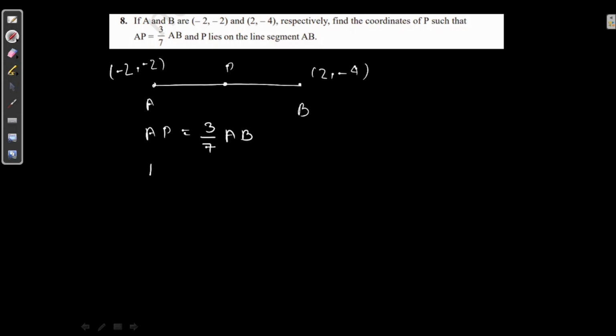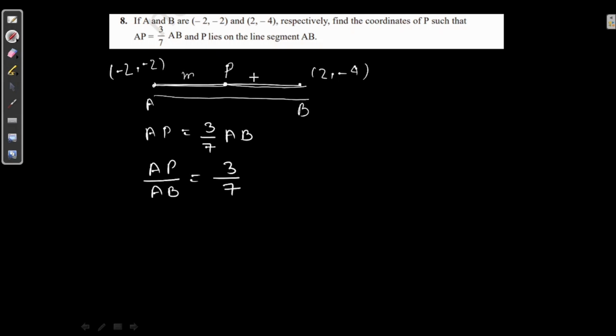So what we can find from here is the ratio of AP and AB, which is 3 by 7. But look on the board, beta, if we have to apply the section formula we have learned, what I need is the ratio between AP and PB, but they are giving the ratio of AP and AB.